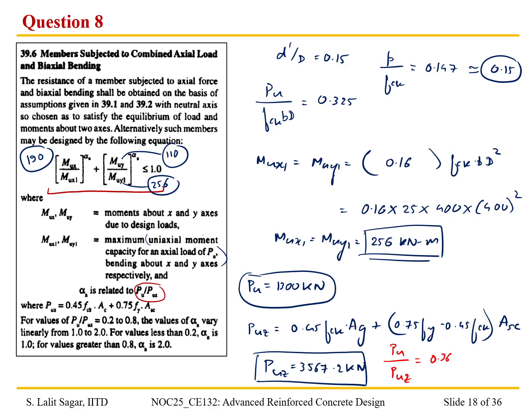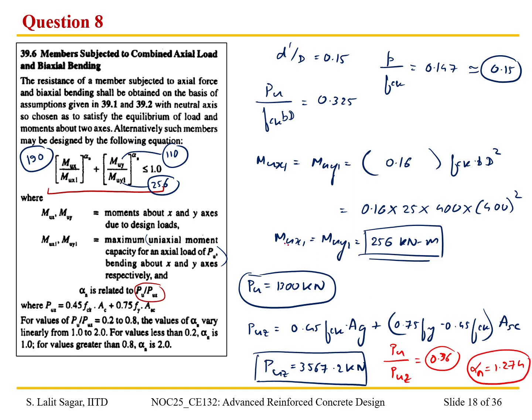So we know that if the value of Pu by Puz lies between 0.2 and 0.8, then we need to interpolate the value of alpha n between 1 and 2 in a linear fashion. So in that way, we get alpha n equal to 1.274.